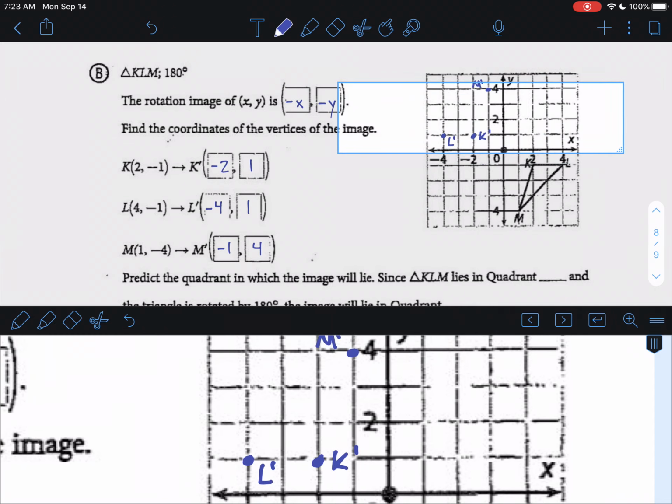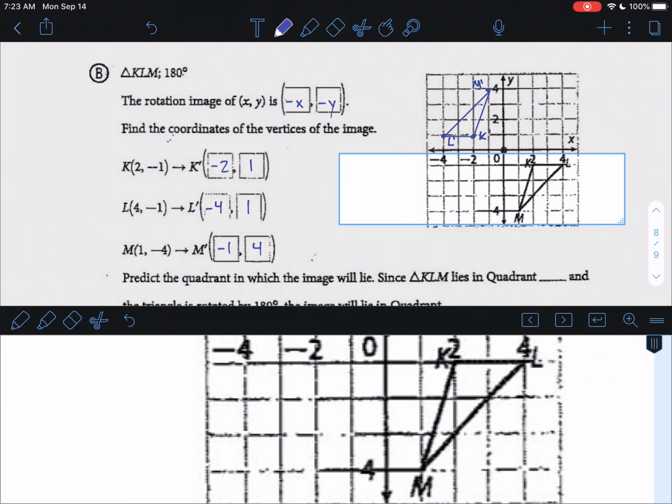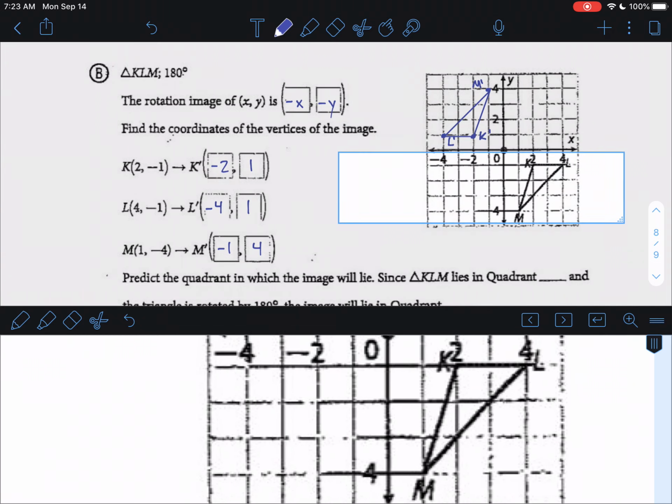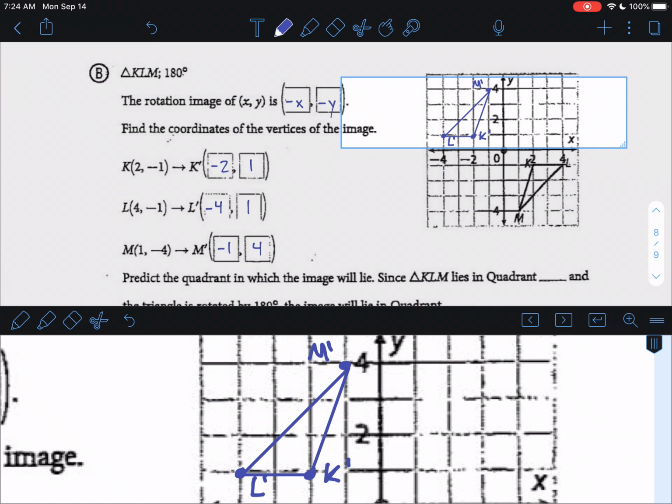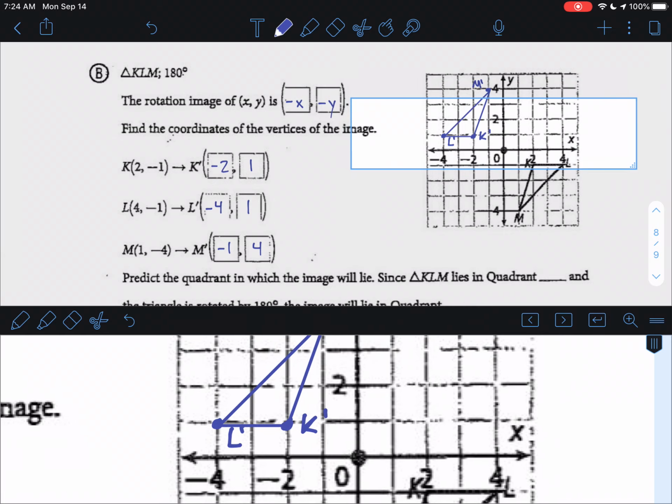And now to make this into a triangle, I'm going to connect my points. And there we have this triangle, KLM, mapped 180 degrees onto this triangle, K prime, L prime, M prime.